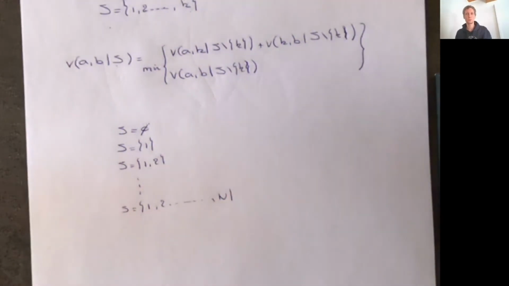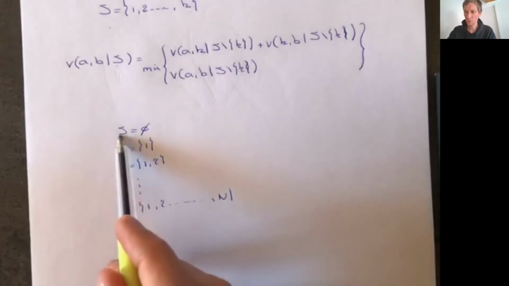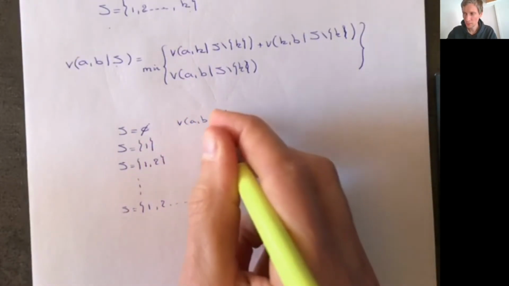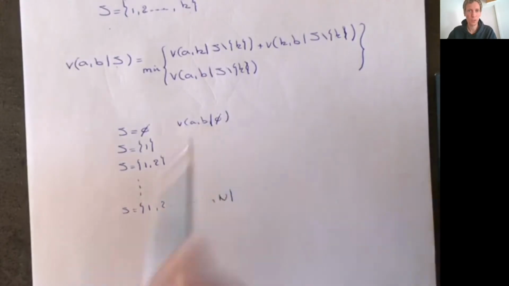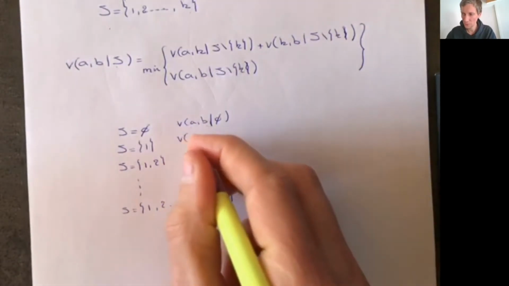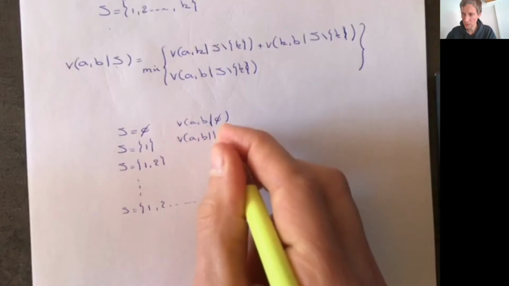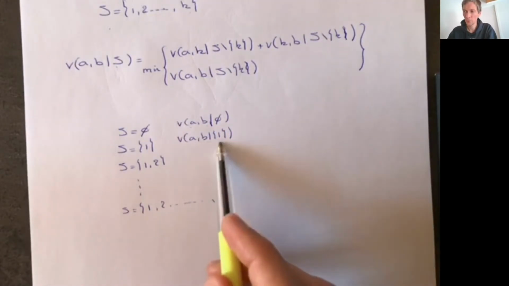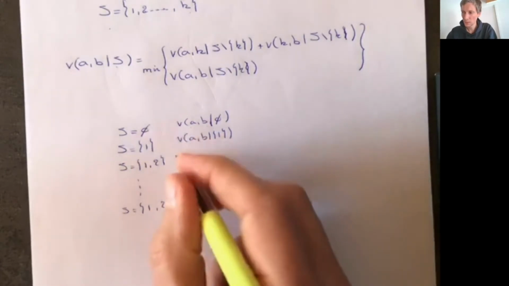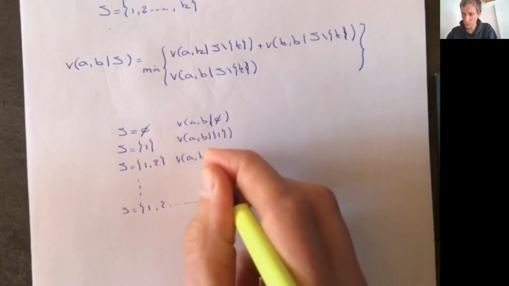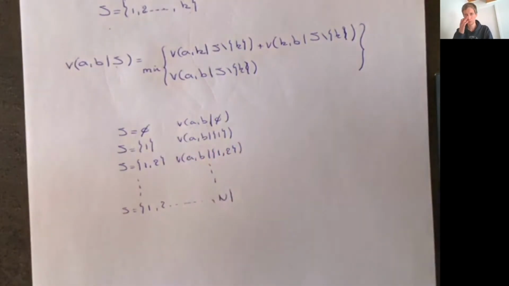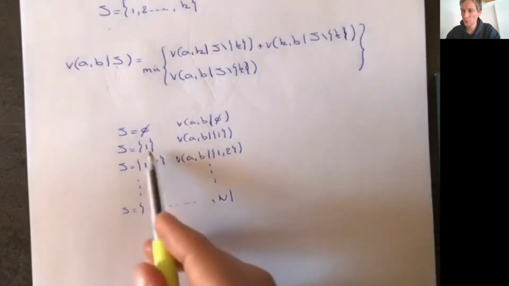I don't know which one is the last node, right? So first we solve for VAB of the empty set, and we do this for all A and B, right? Once we have this, we solve for all the paths. What's the shortest path from going from A to B using only the intermediate node 1? Then you compute the shortest path from going from A to B using the intermediate nodes 1 and 2, and so on. Okay, so this is how we recurse on this for some order of the nodes.